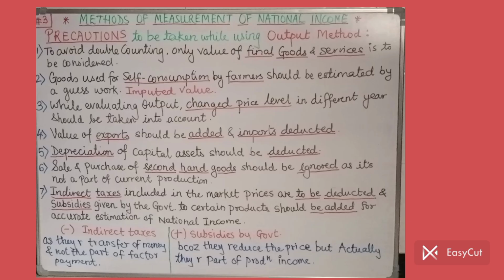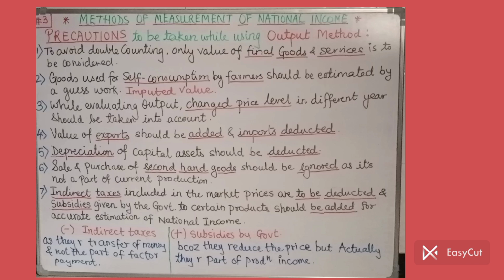See, minus indirect taxes, that means indirect taxes are to be deducted. Why? Because they are a transfer of money. From the consumer or from the producer, the indirect tax goes to the government. So it is nothing but a transfer of money, and it's not a part of factor payment. What are the factors? Factors of production: land, labor, capital, enterprise. So indirect taxes do not form part of the production cost or income, and hence they are to be deducted.